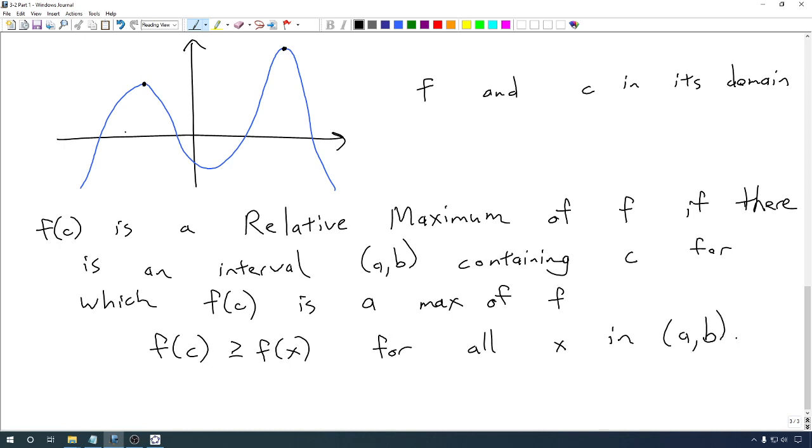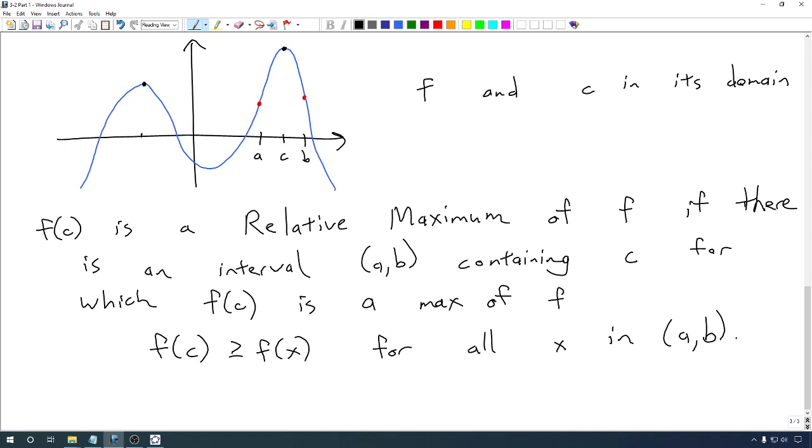So if we look at what we have up here, let's say this is c, there's some interval around c, some a to b. We can even look at the points all along our graph here. If we only restrict our attention to this section around c, that is a high point. That's still true over here.